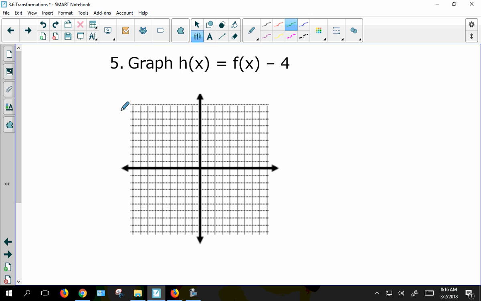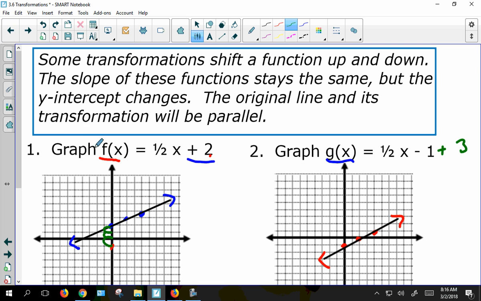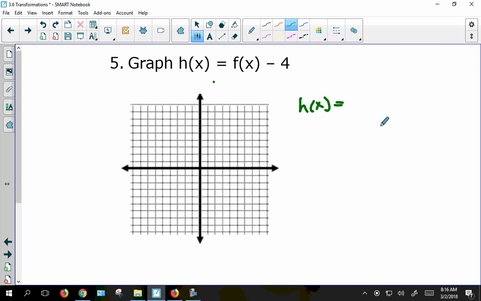Okay, so on this one, h of x equals f of x minus 4. Well, f of x is back here. F of x is 1/2 x plus 2. So I'm just going to write 1/2 x plus 2, and then they want a -4 from that.